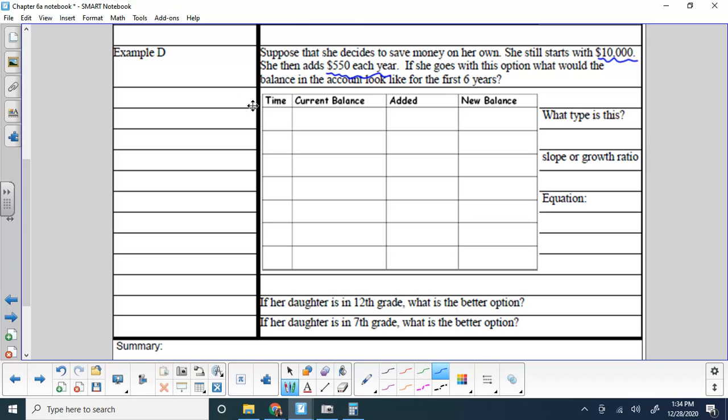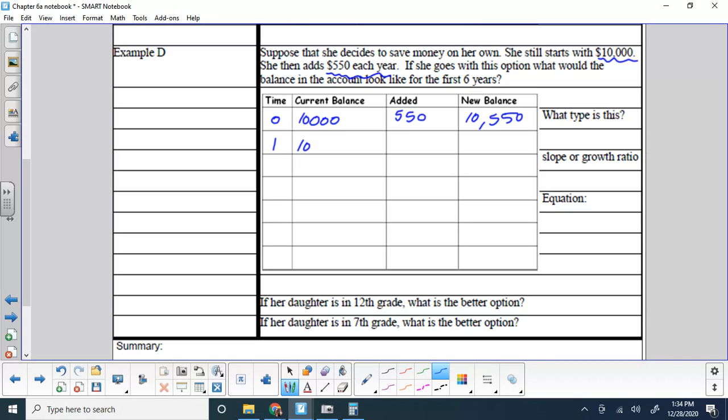What would her account look like? So at time 0, she still is putting in $10,000. After 1 year, they're going to add $550 to her account, and so she would have $10,550. Well, that's pretty sweet. She's starting out with a little bit more than she had the first time.